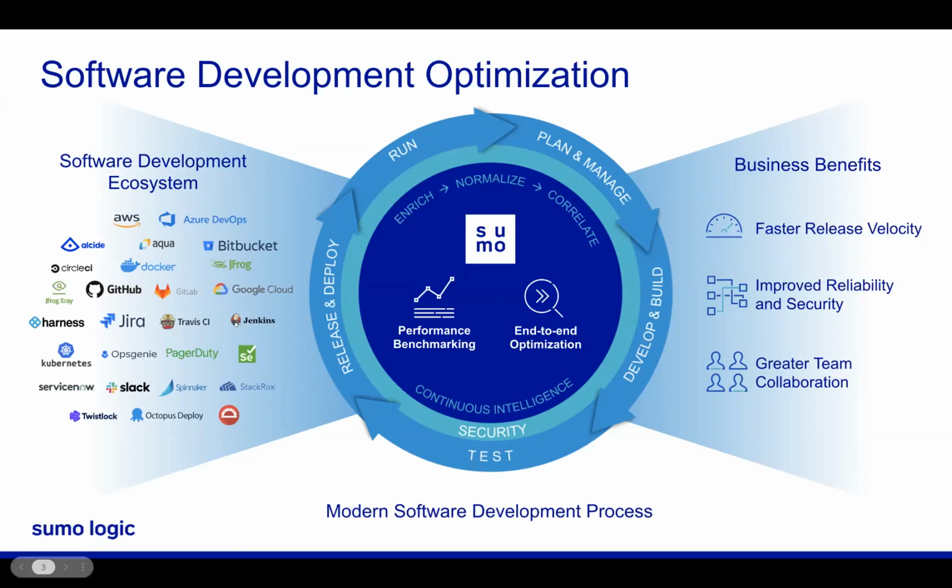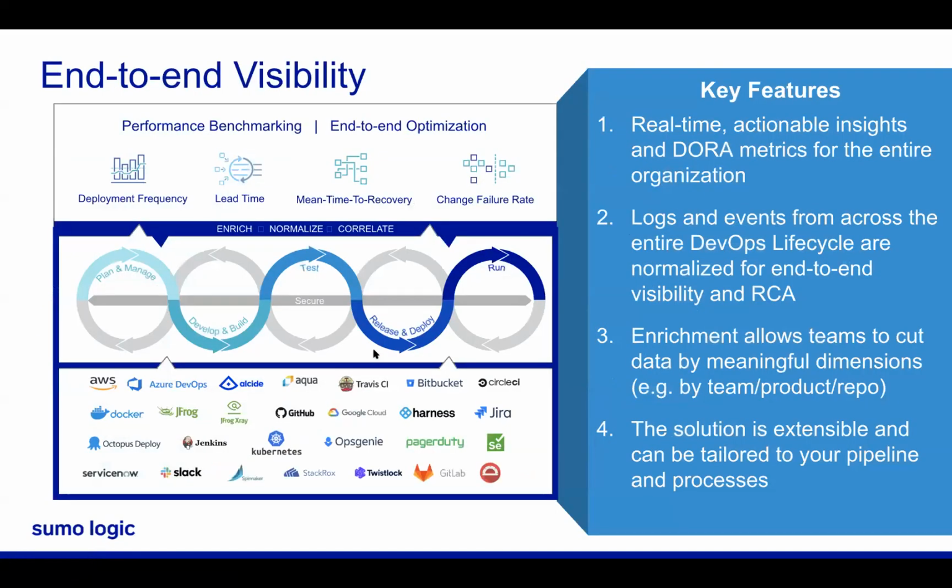Now, if I talk about end-to-end visibility, what Sumo is doing is we built our dashboards platform, especially around the DevOps tool sets and understanding DORA metrics. DORA, if some of you may not know, is the DevOps Research and Assessment organization, which has provided a benchmark.